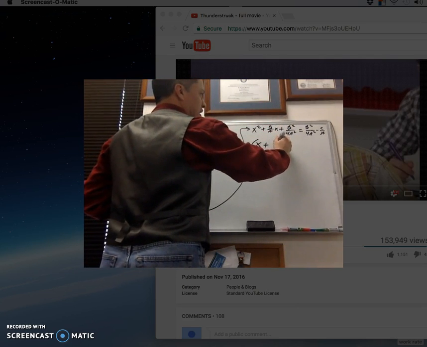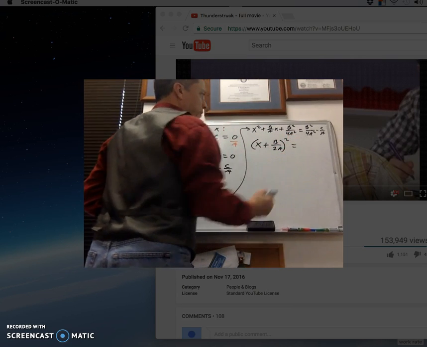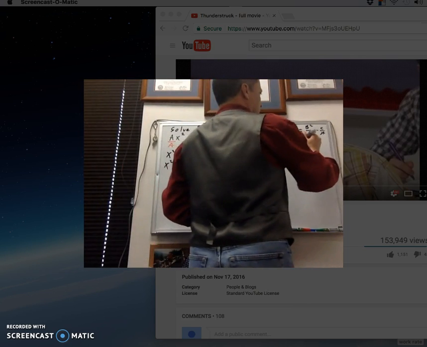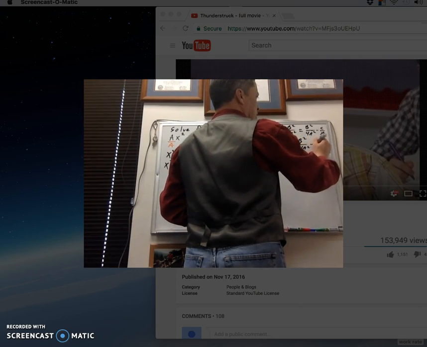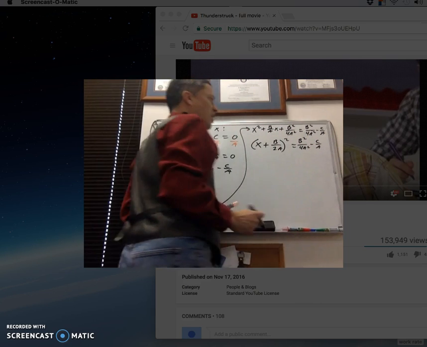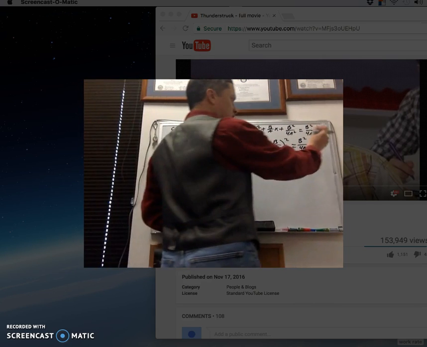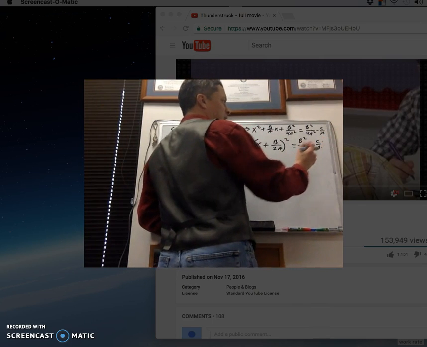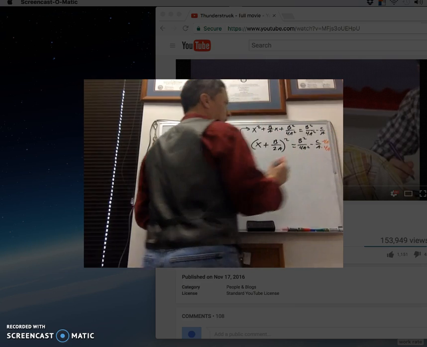So that's going to be b over 2a, quantity squared. Okay? And my right-hand side is b squared over 4a squared minus c over a. But I need to get a common denominator to subtract those guys. So I need to multiply the top and bottom of this c over a by 4a. That'll give me that 4a squared on the bottom.